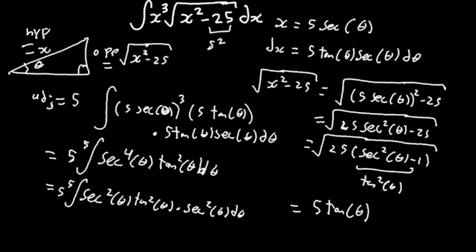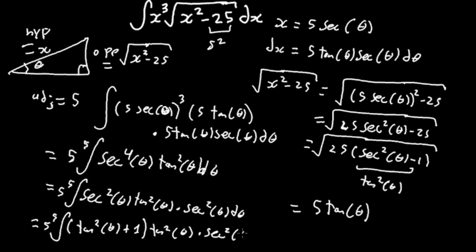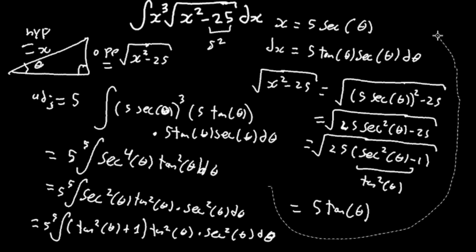And what we do is secant squared theta is tangent squared theta plus 1. So this is 5 to the fifth times the integral of tangent squared theta plus 1, tangent squared theta, and then times secant squared theta d theta. The reason why you set aside secant squared is this lets us do a u sub with u equals tangent theta.